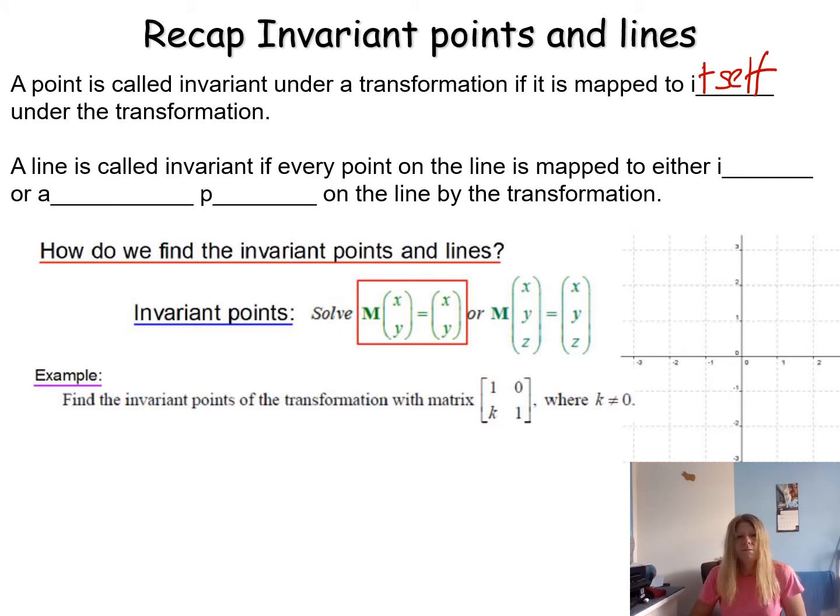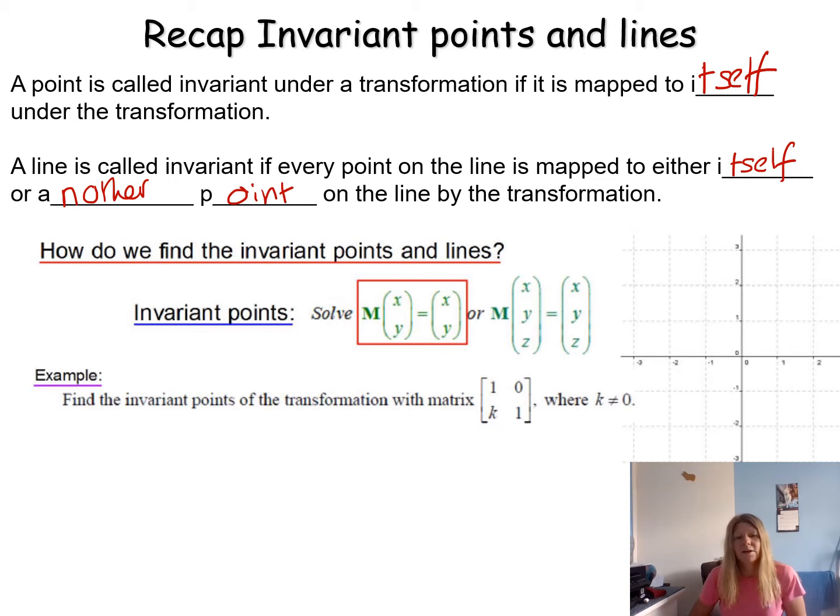A line is called invariant if every point on the line is mapped to either itself or another point on the line by the transformation.